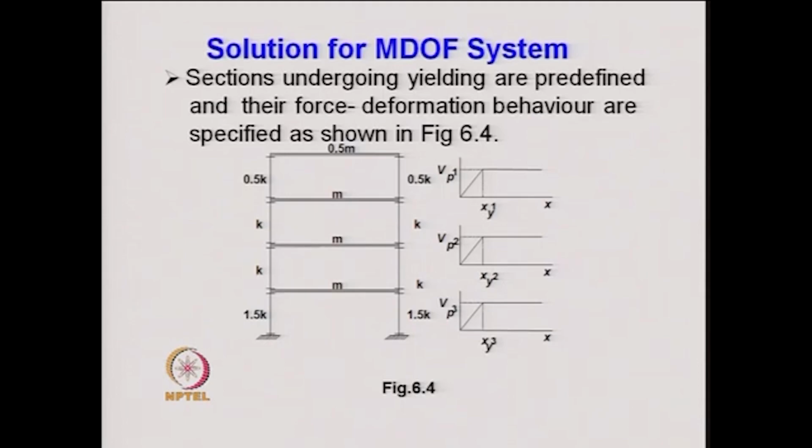It is designated by a yield force in shear, called Vp1, Vp2, Vp3 etc., and a yield displacement designated by xy1, xy2, xy3.